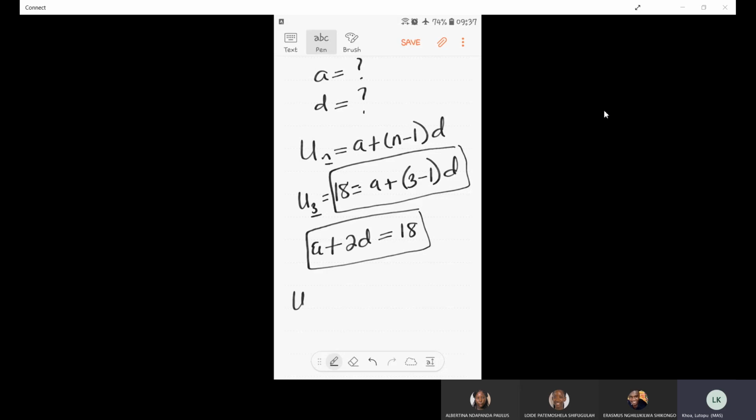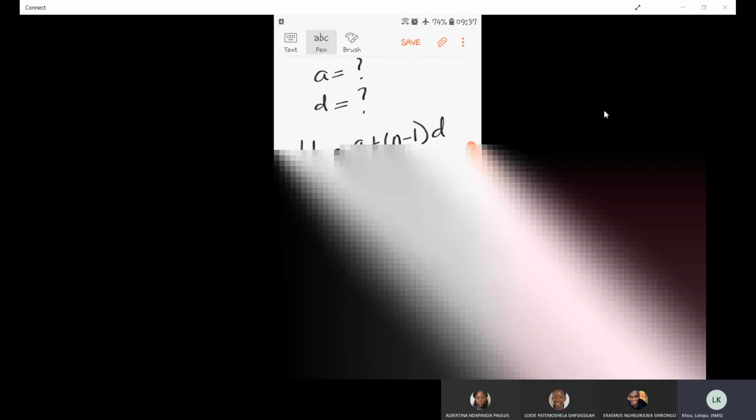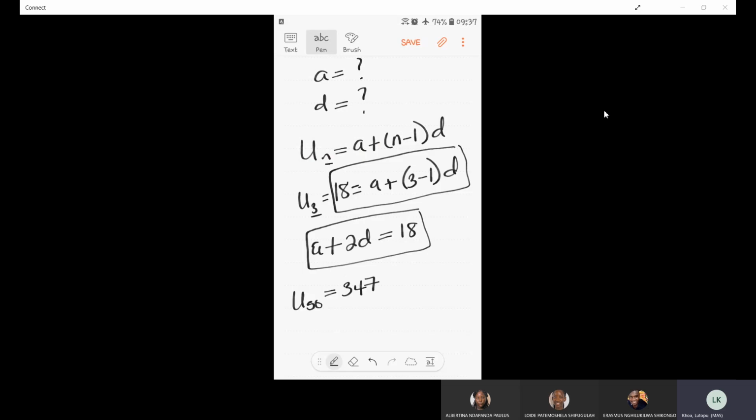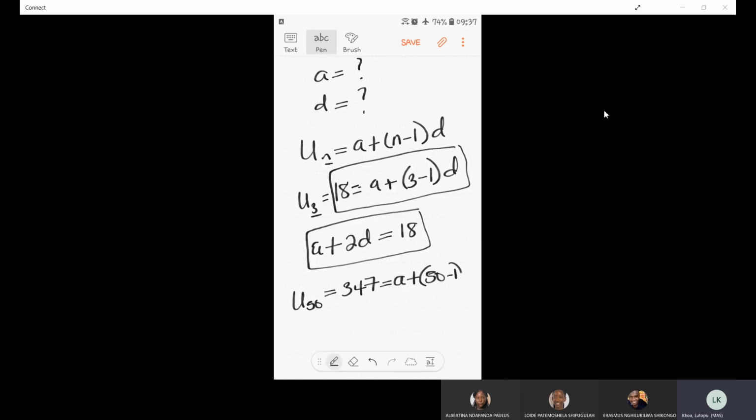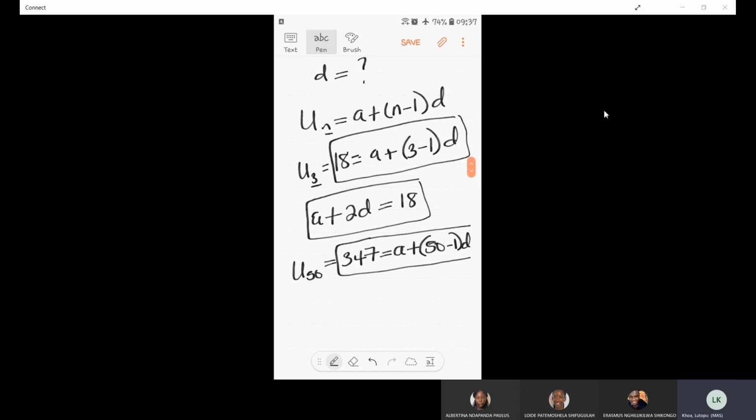Then for the second one, I use the 50th term. The 50th term is 347. And this is equal to a plus 50 minus 1 times d. So again, I'm going to concentrate on this part of the equation.